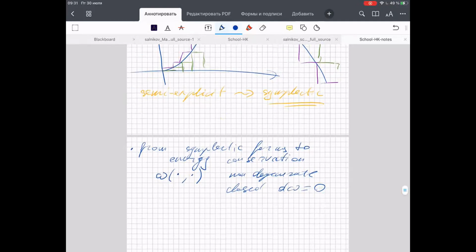And I said that we give ourselves a vector field, V, that was preserving omega. And preserving, well, believe me or not, preserving means the Lie derivative along the vector field V of omega vanishes.